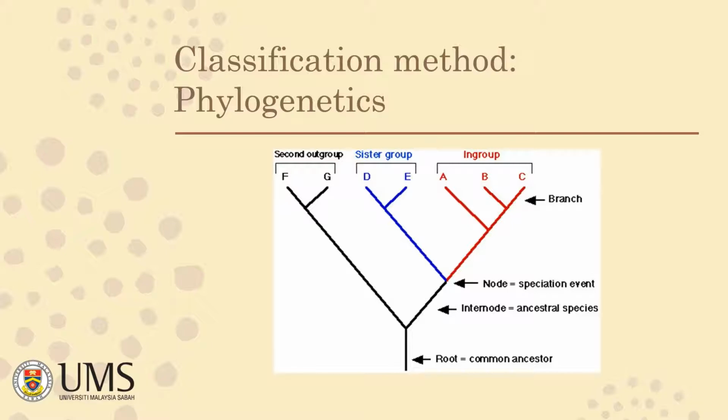Corn is A, B is wheat, C is paddy. And here D is mango, E is cashew. So the divergence is here.